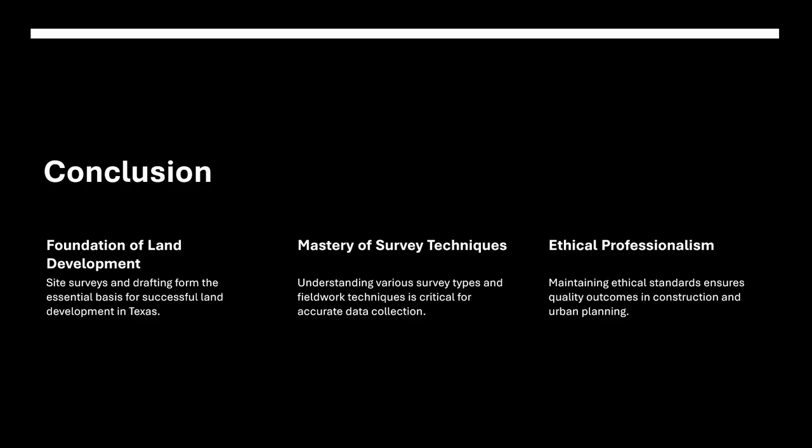Along the way, we examined the details of what site surveys include. We talked about contours as the language of the ground, about improvements that must be drafted as complete and accurate figures, about trees that may be protected by ordinance and utilities that must be depicted clearly, and about drainage features that dictate how water moves across the land.